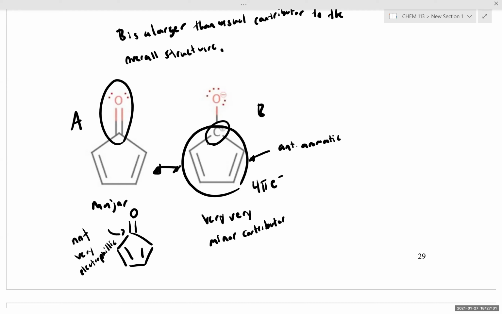But when we're talking about aromaticity or anti-aromaticity, we're looking at a ring system, we're making sure it's fully conjugated, we're counting the number of electrons in that ring system, and if there are a certain number of electrons in that conjugated ring system, it's aromatic, and as a result, it's especially stable. Does that make sense? Yes.